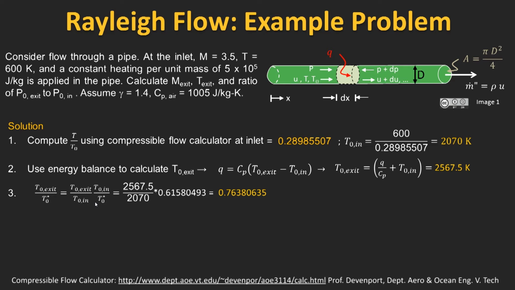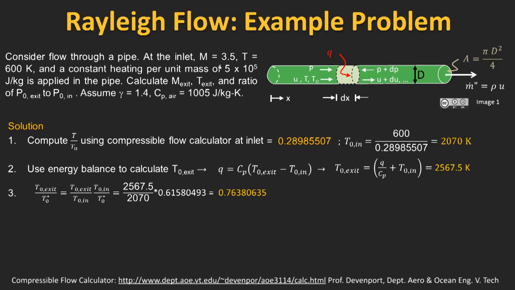How do we do that? Alright, so T naught exit over T naught in, we can compute because we have both T naught exit calculated here as well as T naught in calculated there. So we can substitute directly for those. Now for T naught in by T naught star, we have the Mach number at the inlet and we know this is Rayleigh flow.